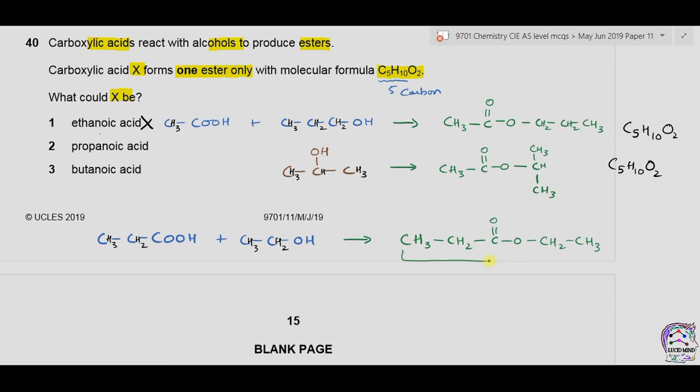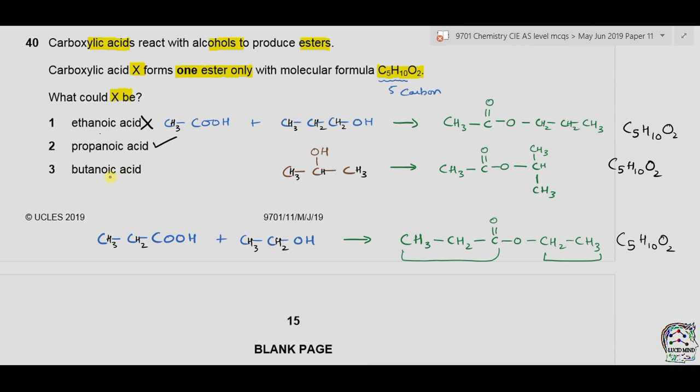From the 3-carbon carboxylic acid and 2-carbon alcohol, this product is formed whose molecular formula is C5H10O2. So only one type of ester is formed, so propanoic acid is correct.